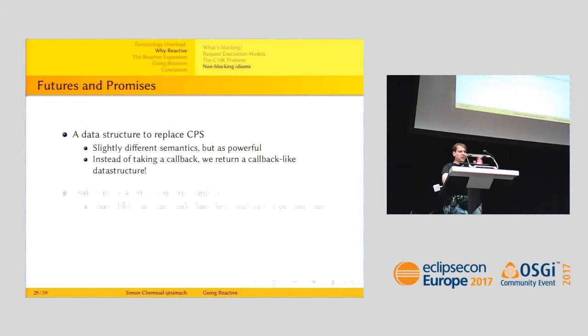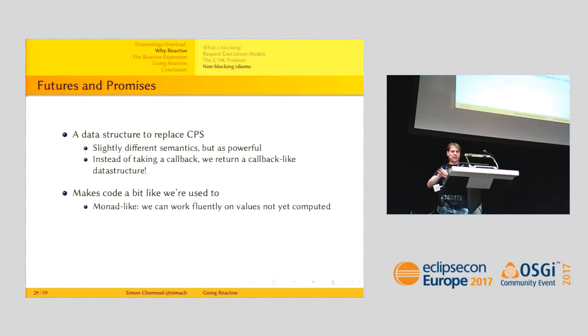So we return the future, and we don't need to have those callbacks on the side. And we can express the code we're used to with dependency on one line, then another line. We have some kind of flow in the code, and we can say, first I do that, then I do that, then I do that. We can do that because it's a monad-like structure.